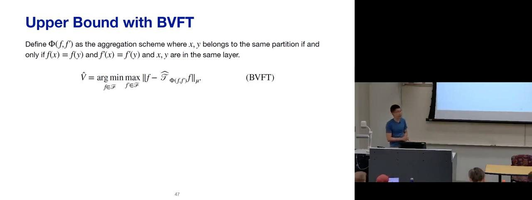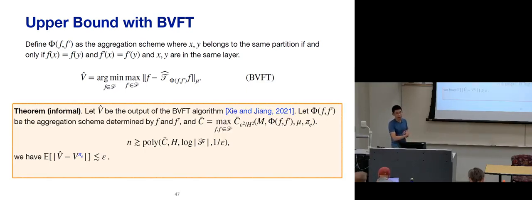So we consider this BBFT algorithm, where we calculate this value function in this way. Suppose that for any 2 functions in the function class, we can calculate one aggregation scheme according to these 2 functions. And we let this C bar be the maximum value over all the possible functions in the function class.